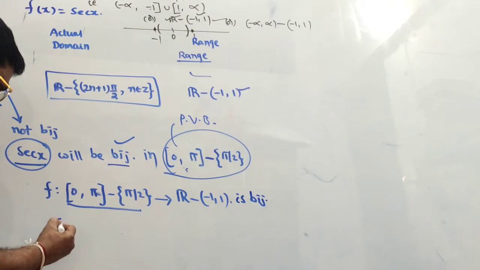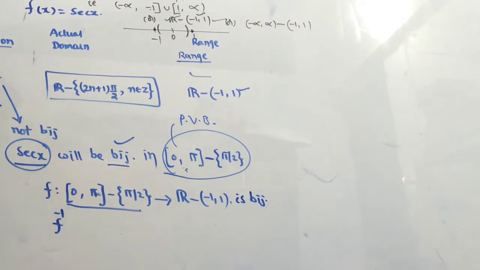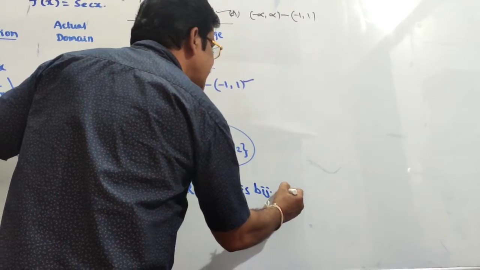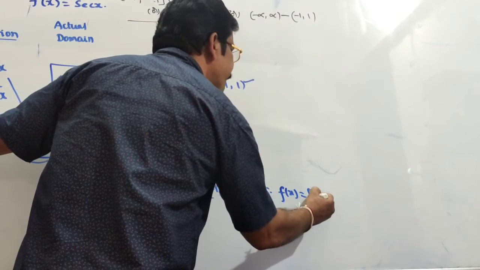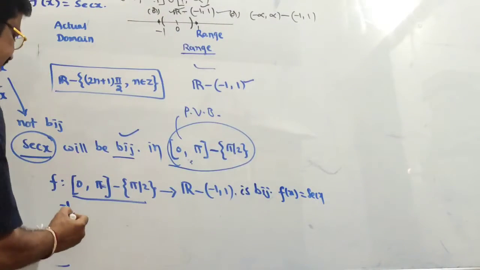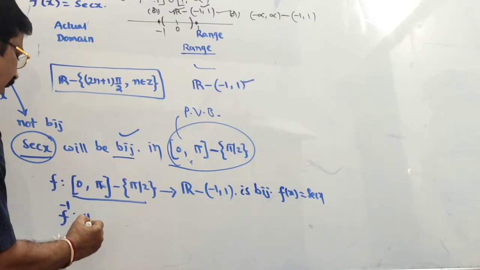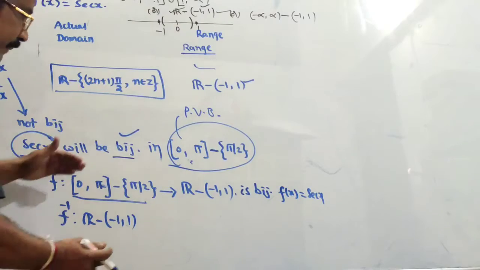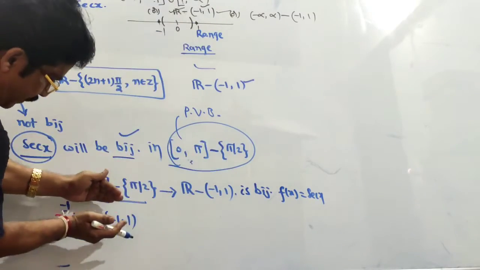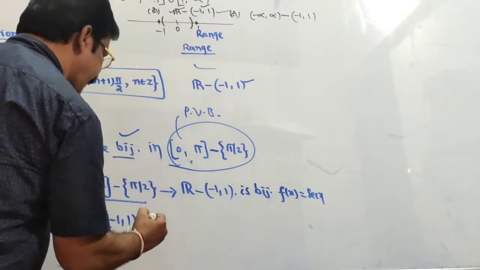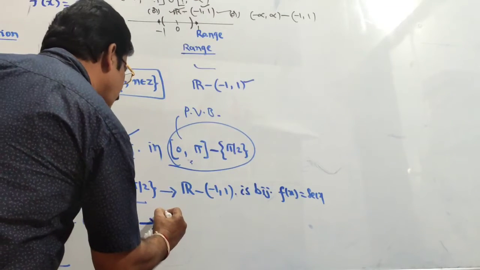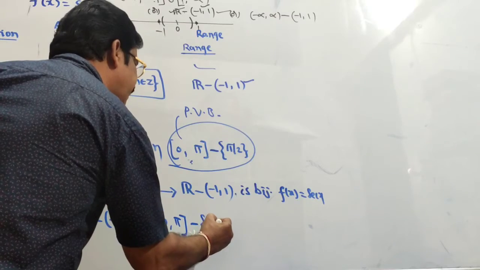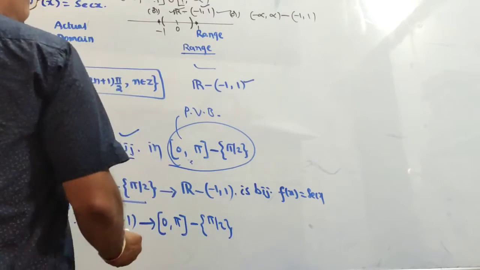Therefore, its inverse, f inverse, exists and is defined as follows. Here f of x is equal to secant x. Its inverse is from capital R minus open interval of -1 comma +1, meaning range becomes domain and domain becomes range for the inverse function, to the closed interval of 0, pi minus the set of pi by 2.